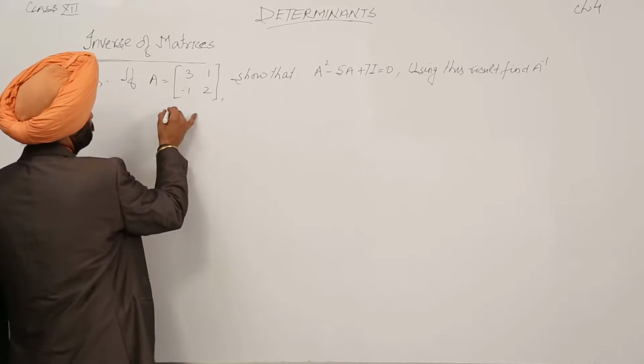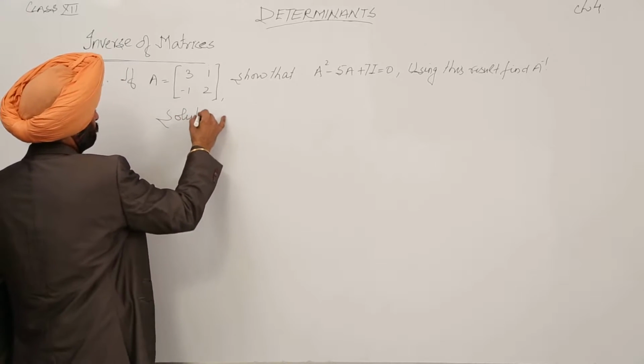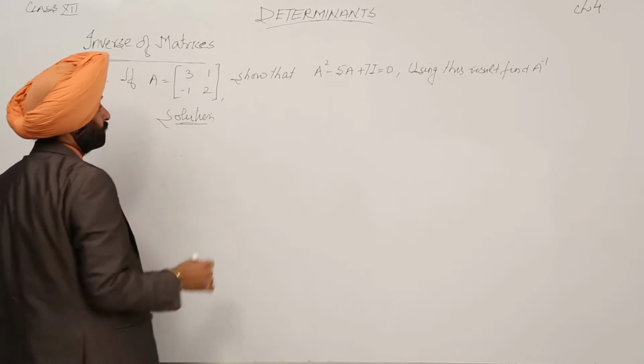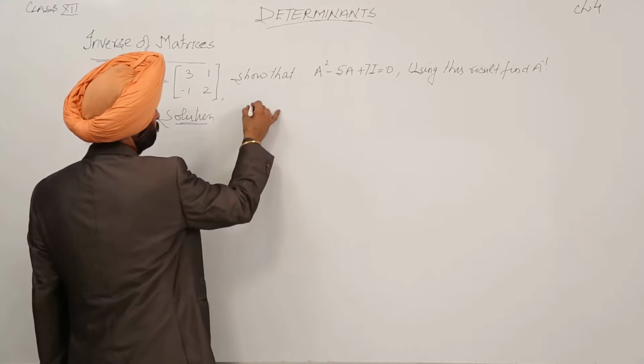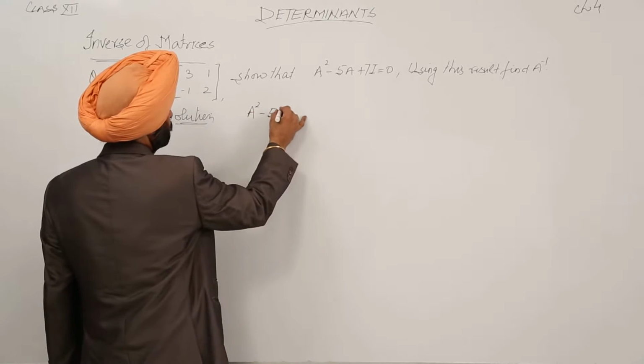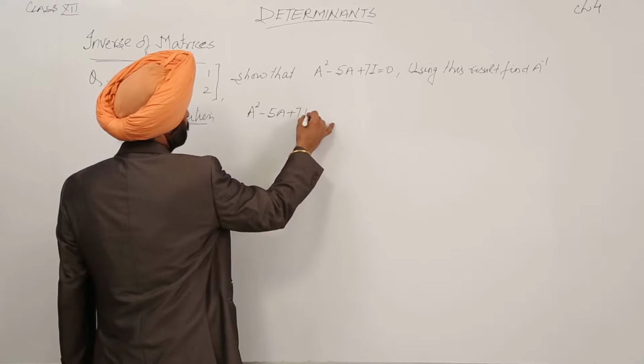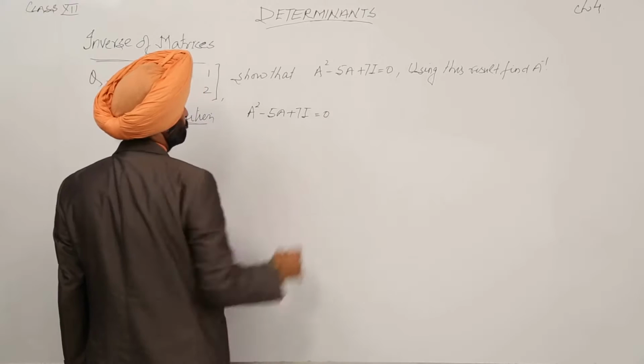First of all we have to prove A squared minus 5A plus 7 times the identity matrix is equal to 0.